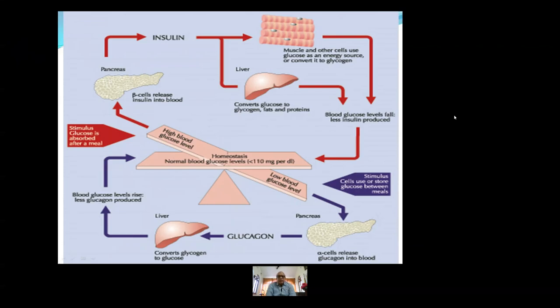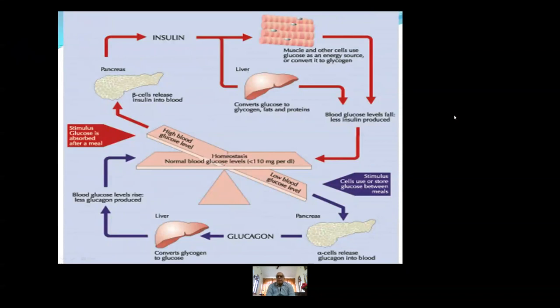This picture shows how the normal blood glucose level is maintained in normal individuals. When there is a high blood glucose level, beta cells release insulin into the blood. And where does insulin act?